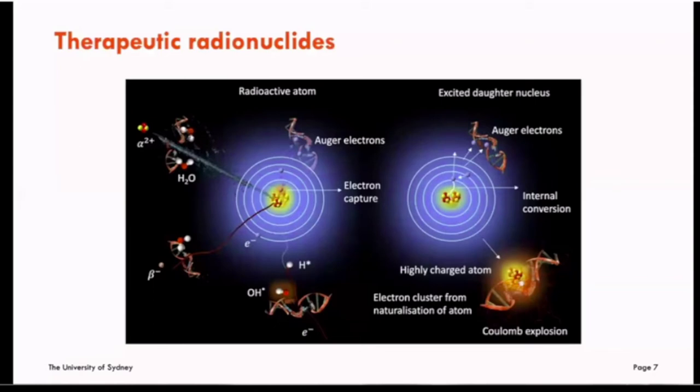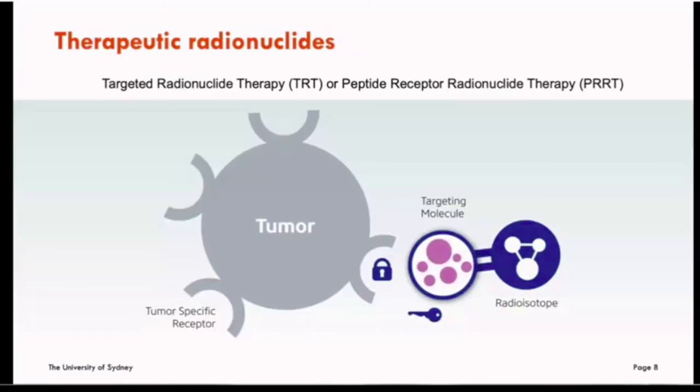The recoil effect of the daughter nuclide is another post-decay process that could also induce DNA damage. The recoil daughter nuclide can have kinetic energy with high residual charge, and if they interact with the DNA, they can cause significant damage, and that's known as the Coulomb explosion.